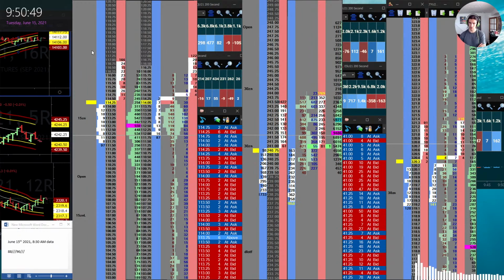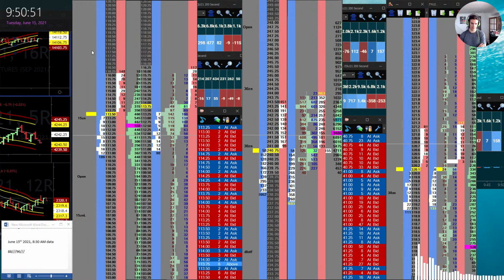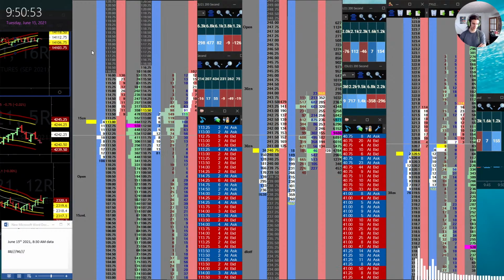Again, it's just bid here. Market's just bid 13, but I'm not going to buy it here. Just accumulation.